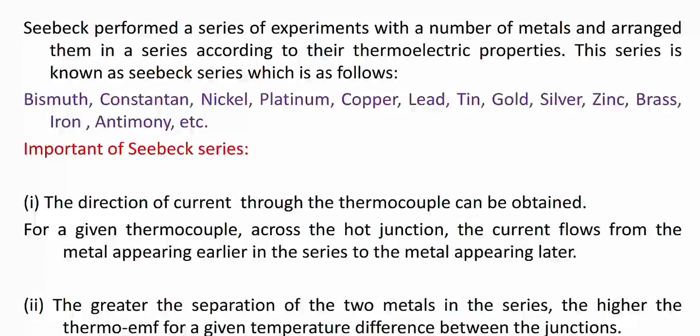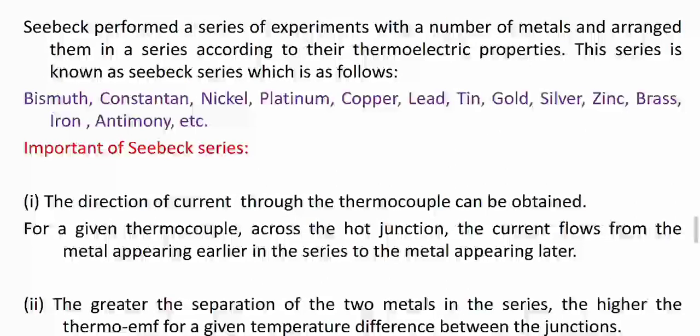That means if the cold point temperature is 0 degrees and the hot point temperature is 100 degrees, and bismuth and constantan create a current of 1 milliampere, then bismuth and iron with the same temperature difference, cold point 0 and hot point 100 degrees centigrade, will give a larger current. If the bismuth-constantan thermocouple gives 1 milliampere, then the bismuth-iron thermocouple gives 10 to 20 milliampere.